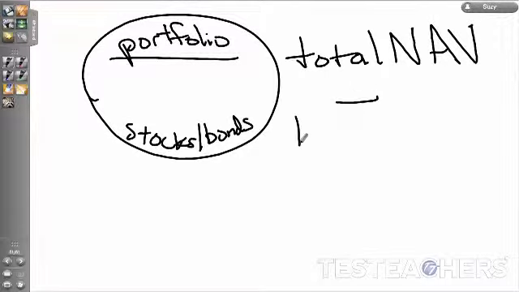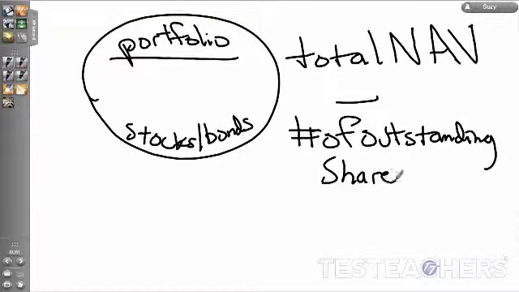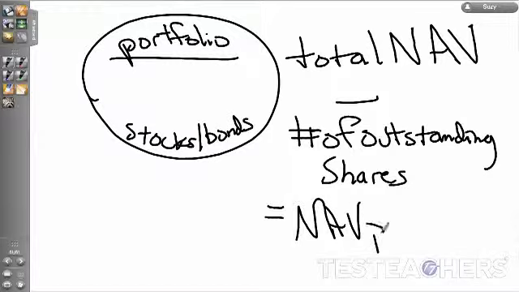If you know the number of shares outstanding, so total NAV divided by number of outstanding shares, what did that give you? Do you remember? NAV per share.